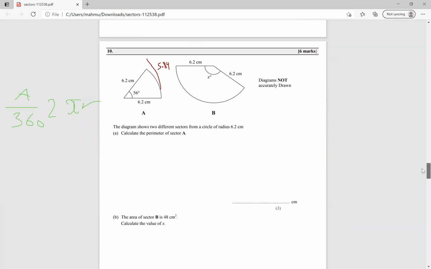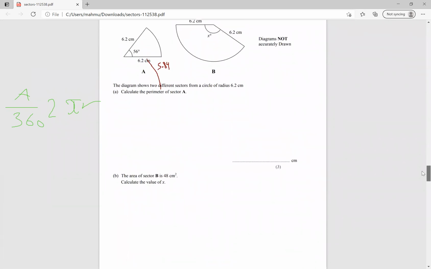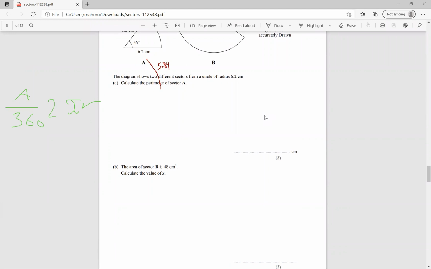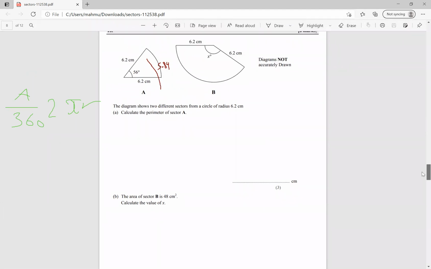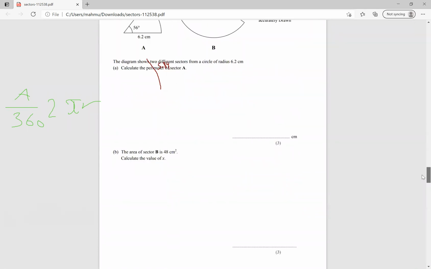So calculate X. Now you're going to use a formula to calculate the angle. Use that area formula again. They gave you the angle and radius. Now work out the area. So what formula?